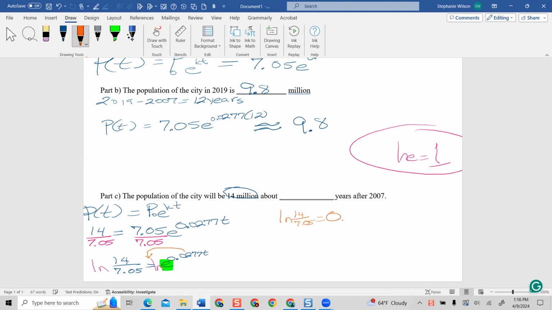I'm bringing this to the front, and when I bring this to the front and undo it, I'm going to do an extra step, but y'all don't have to. This here goes to 1, and then 1 times that just gives me what I'm multiplying it to. So next, I want to divide by this coefficient here because I want t to have a positive 1 coefficient, because I'm trying to tell you what t is.